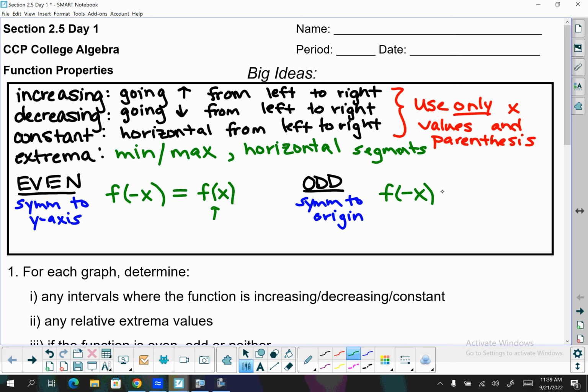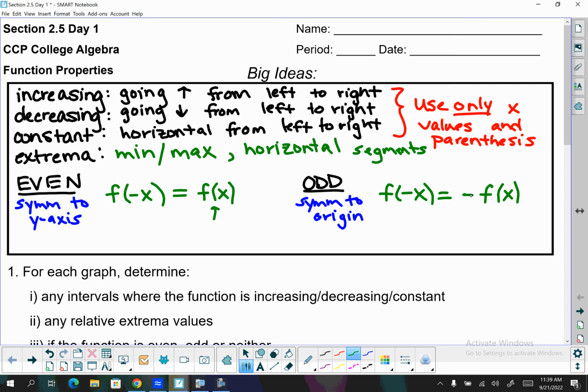If it simplifies to the original equation but with a negative in front of it, the opposite of the original equation, it's odd. Make sure you have those written down. And if it simplifies to neither, it's neither. So one test, one thing we plug in, and we simplify.